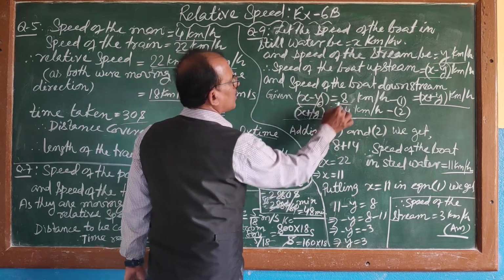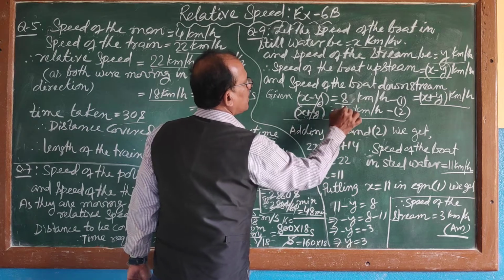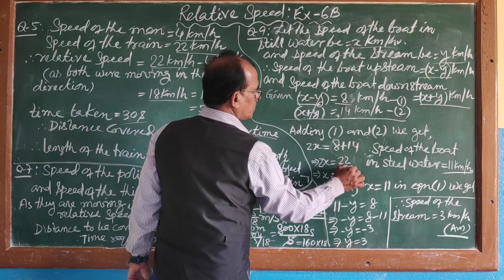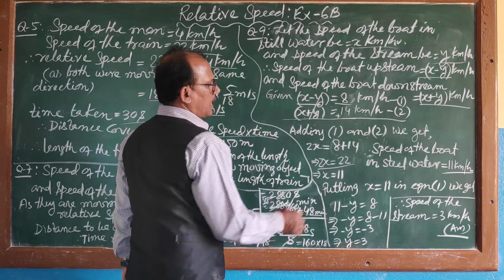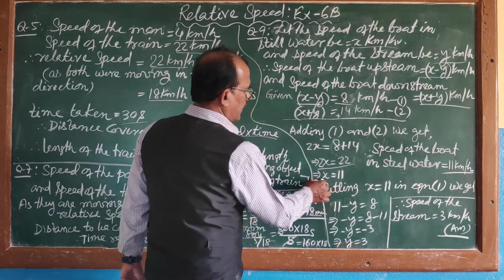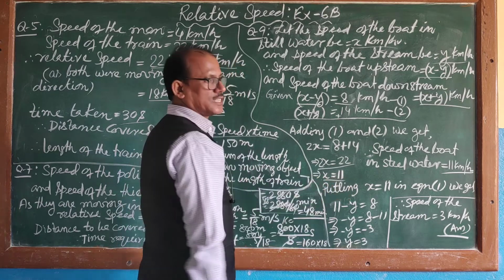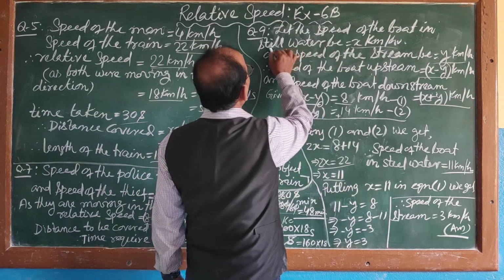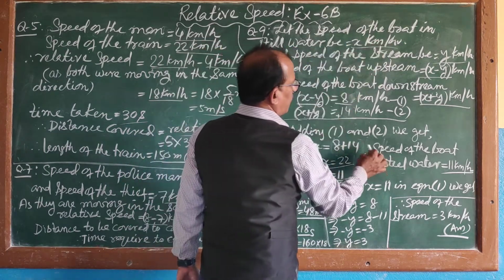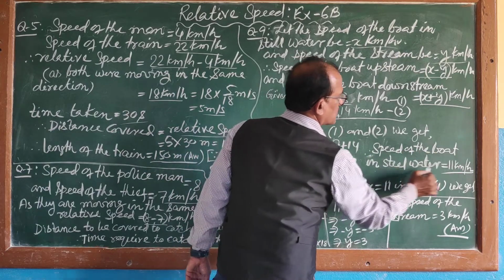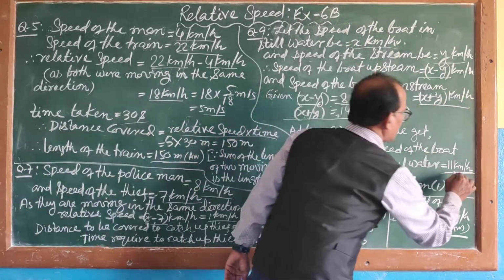So 2x is equal to 8 plus 14, which is 22. So x is equal to 22 divided by 2, that is 11. x is the speed of the boat. Therefore, the speed of the boat in still water will be 11 km per hour.